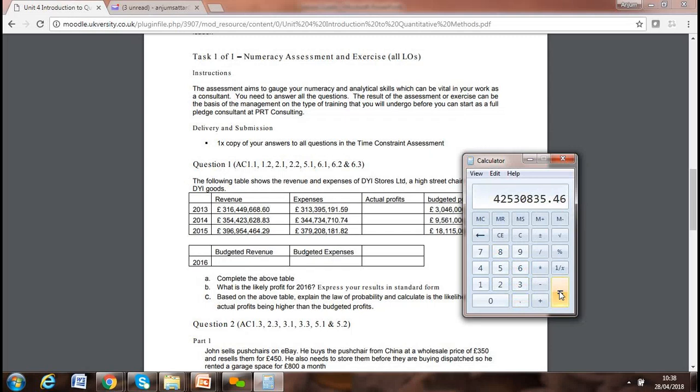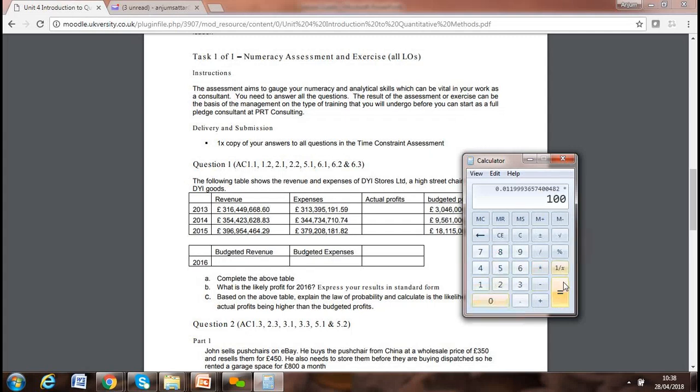So divide on the base year, which was 2014, 3,543,628.83, and times by 100.